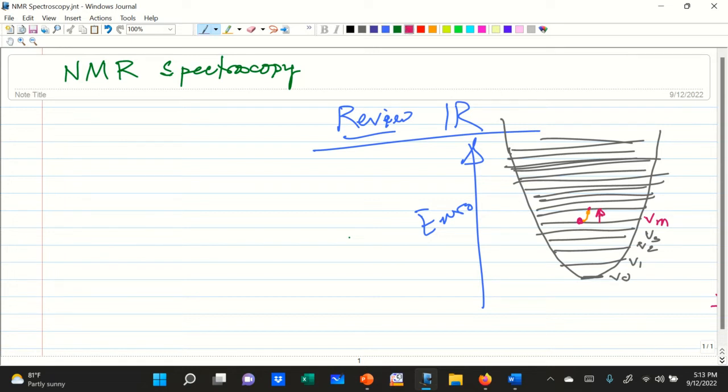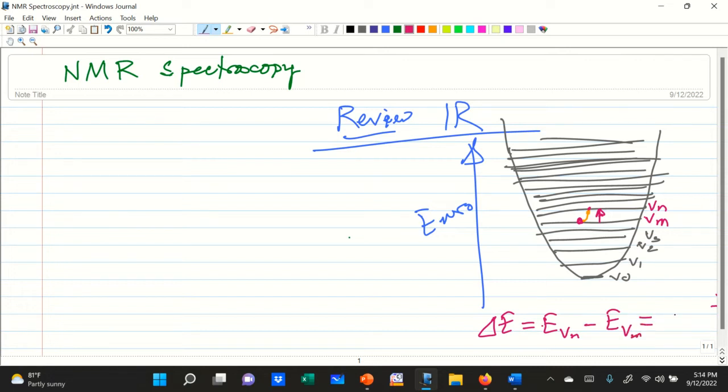Then and only then would the molecule be able to undergo a vibrational excitation, a vibrational transition, which is to say the molecule can go from vibrational level Vm to vibrational level Vn, for example, which means the energy difference between these two is going to be delta E equal to the energy of Vn minus the energy of Vm.